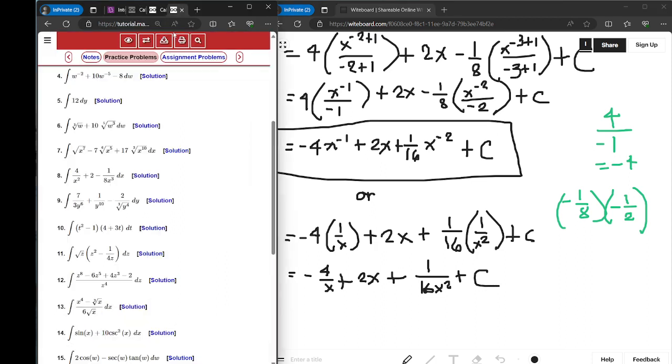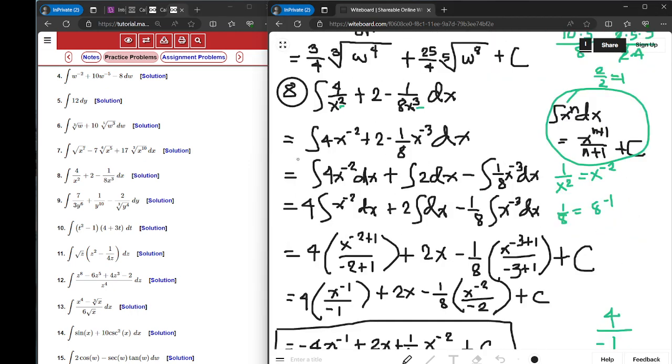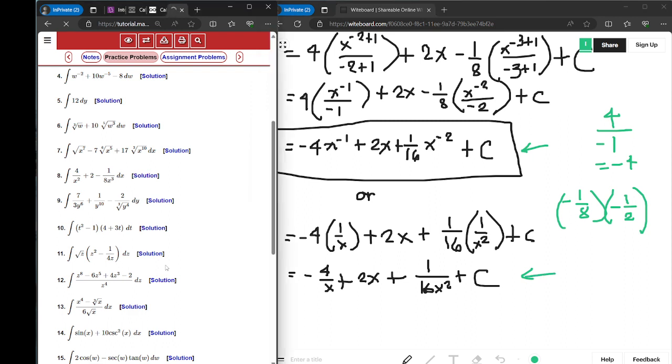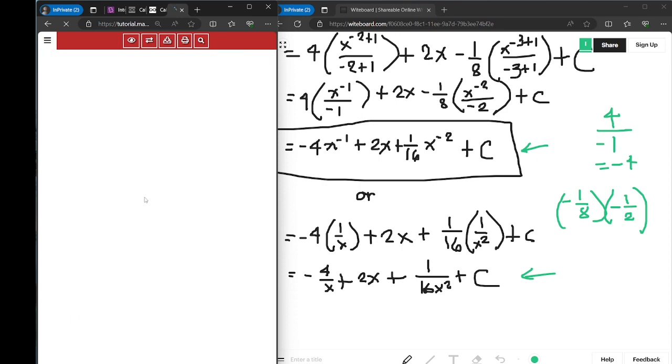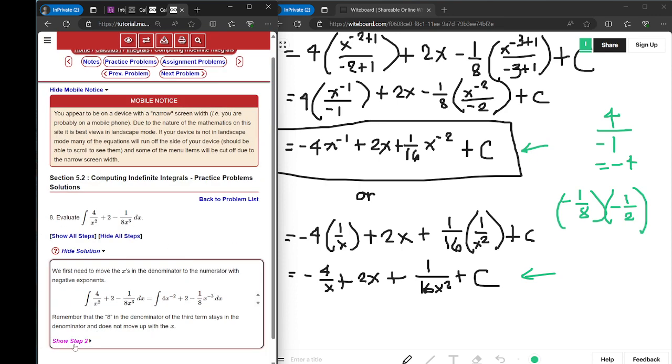Now let's check with Paul's answer. This is number 8, so the answer of Paul should be either these two. Let's check number 8. Please open, start solution and show step 2.